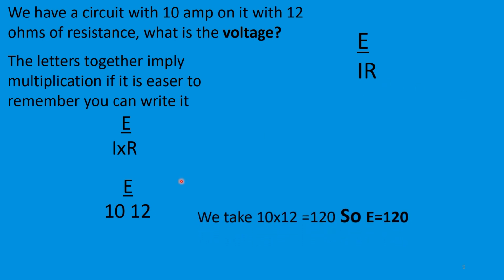We take our 10 amps and we multiply it by our 12 ohms of resistance, and that's going to give us our unknown. So we take 10 multiplied by 12, and that lets us know that we have 120 volts. So E equals 120. Do you see how this relationship is coming together? As long as you understand that this is a multiplication problem and this is a division problem, you can always find your unknown.